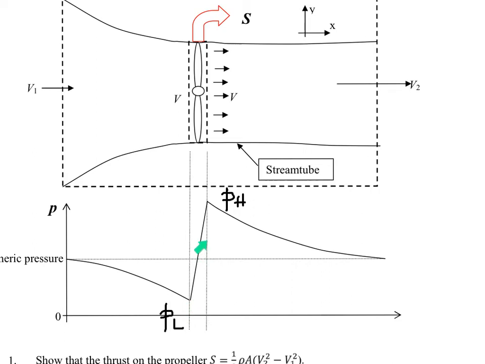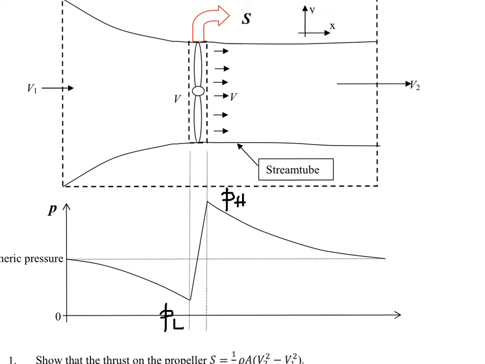Across the propeller, the pressure rises from P low to P high. When it hits P high, as we progress along the streamline, the pressure drops until very far away the pressure is atmospheric, same as the atmospheric pressure very far before the propeller.